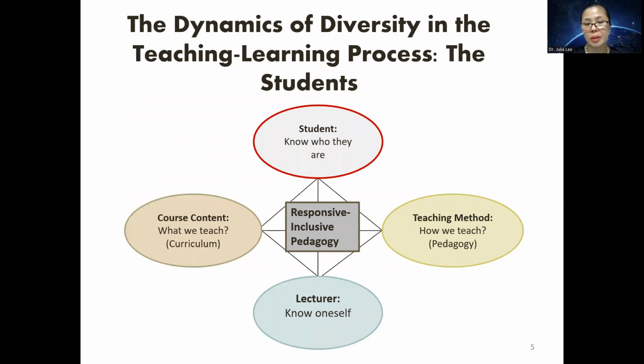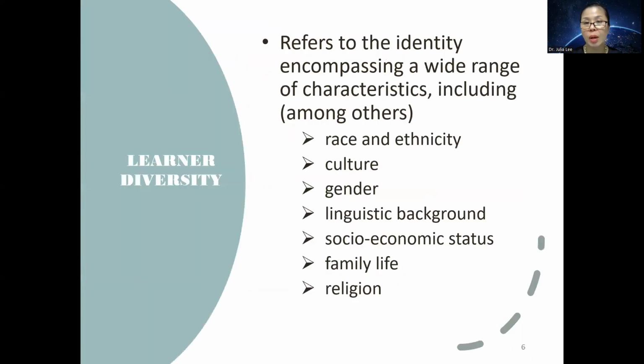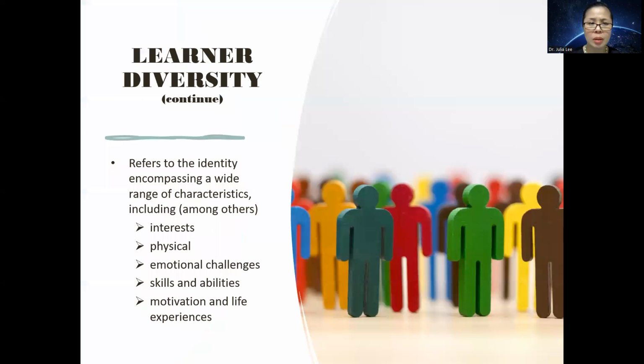The first step in this process of unpacking what responsive, inclusive pedagogy is, is to know who our students are. Learner diversity refers to race, ethnicity, culture, gender, linguistic background, socioeconomic status, family life, religion, interests, the physical aspects, emotional challenges, skills and abilities, motivation, and life experiences.